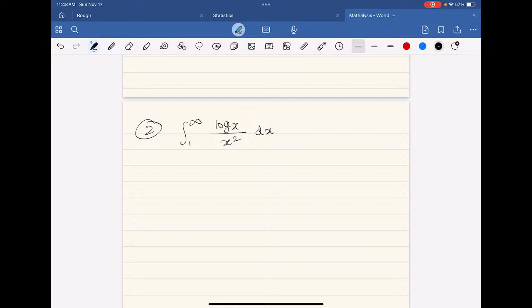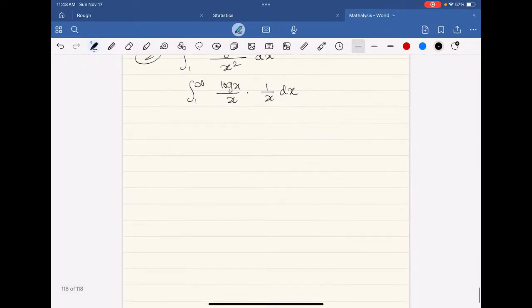Again, what I feel is I can write this as log x by x times 1 by x dx, right? So if I make a substitution that u is log x, my du is going to be 1 by x dx. So this somehow simplifies. We don't know if this will really solve the problem or not, but it somehow simplifies the problem, right?